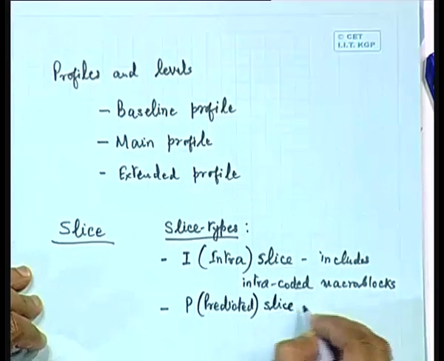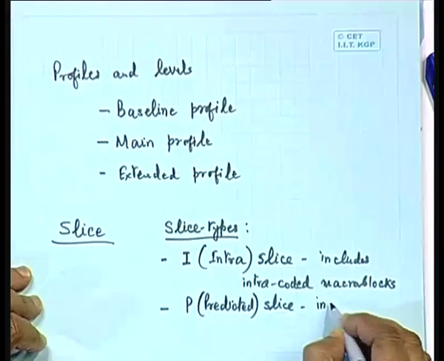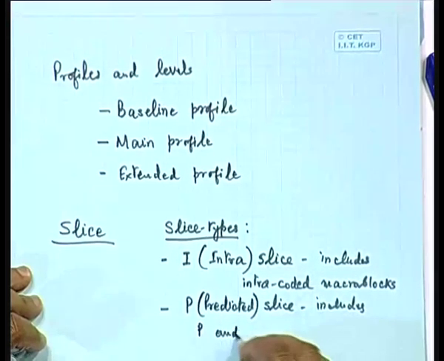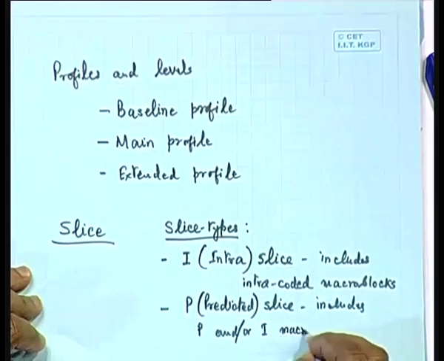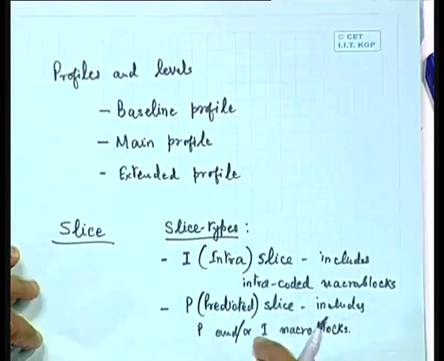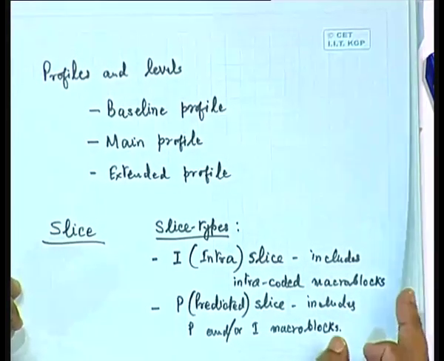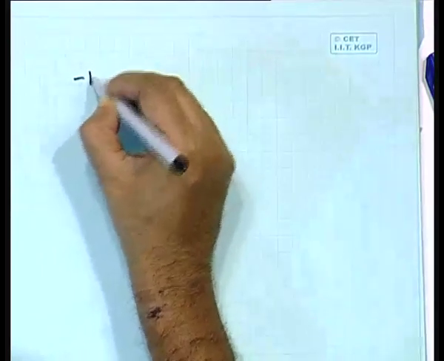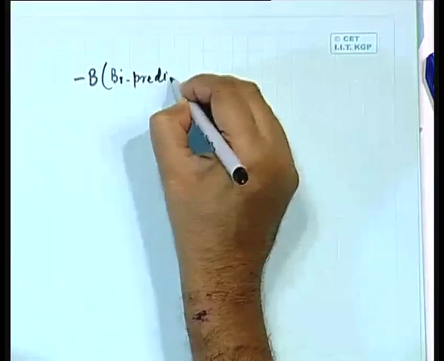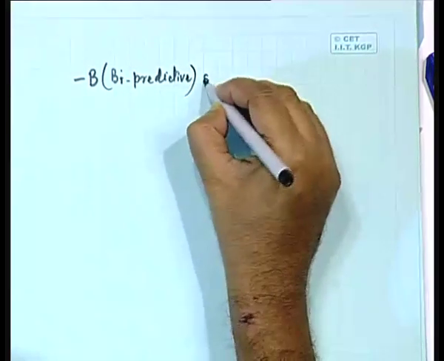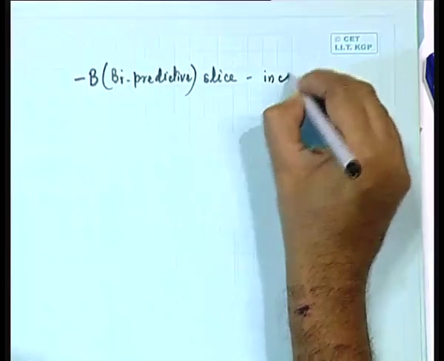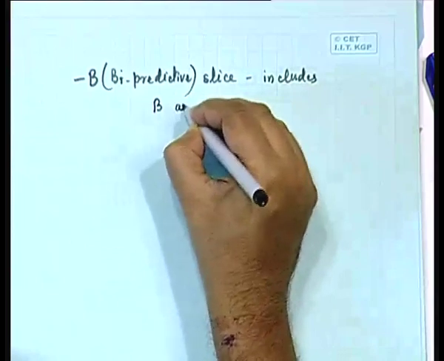It includes P macro blocks and also I macro blocks, so a P slice can include I macro blocks in addition to P. So this is about the P slice, and there is also the B slice, where B refers to the bipredictive slice, and the B slice includes B as well as I macro blocks.